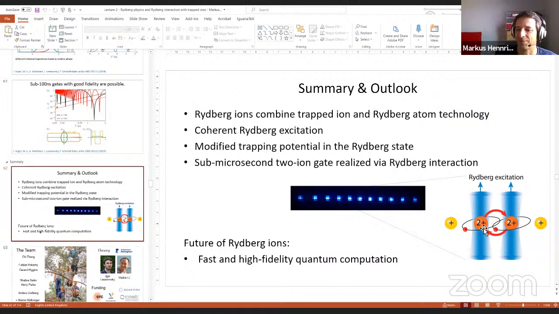Sometimes we just have a doubly ionized ion in the trap, and then we have to throw it out and load new ions. At the moment we use ablation loading, which speeds up the system quite a bit, so maybe in a few seconds we can get ions again, but still it takes time.